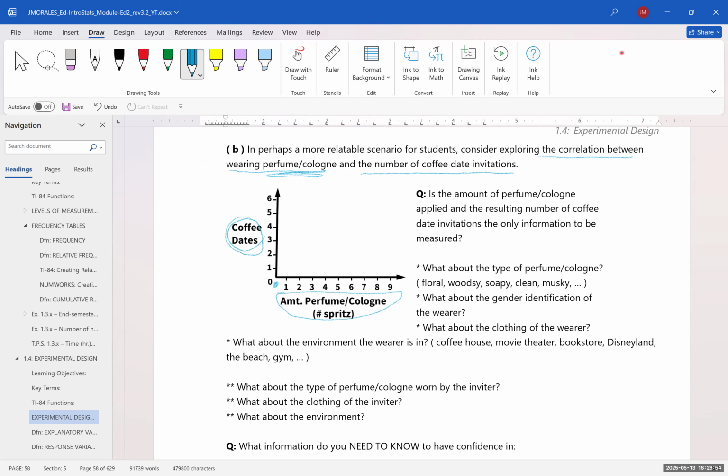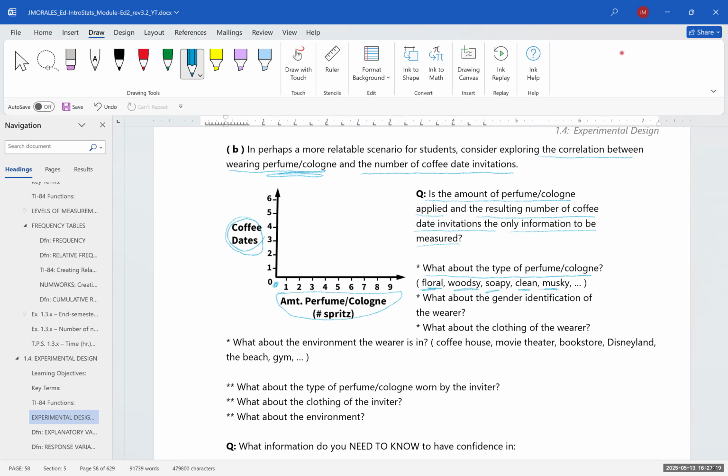Maybe this is the number of coffee dates per month, right? So the question is, are the amount of perfume or cologne applied and the resulting number of coffee date invitations the only information to be measured? What about the type of perfume or cologne? Is it a floral perfume or cologne? Is it woodsy? Is it soapy? Does it smell clean? Does it smell musky?